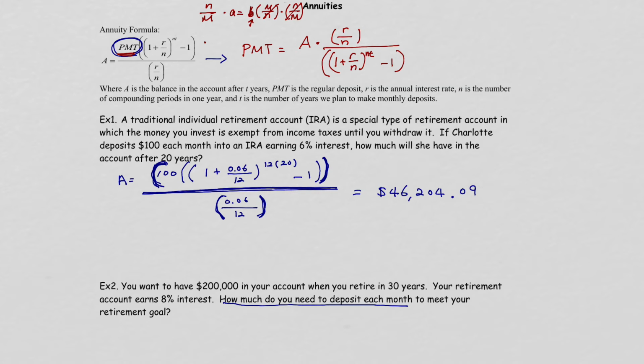So if we know that's what we're going to do, it's easy to figure out how much you will need to deposit each month. You will have the total amount, right? You have T, you have R. And each month will be N equals 12 also.